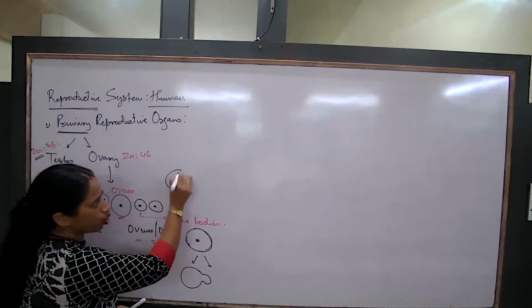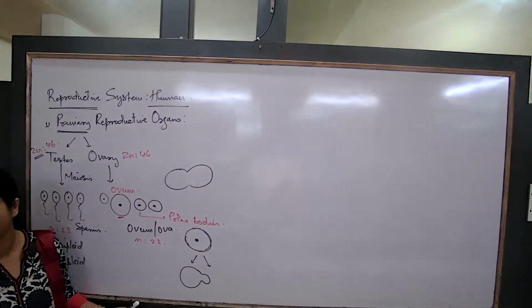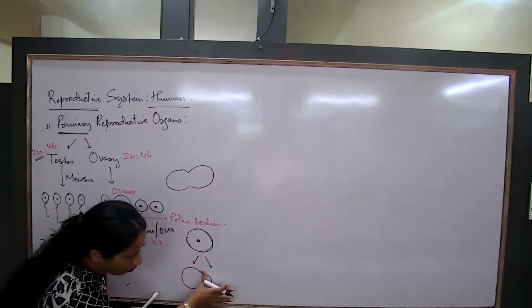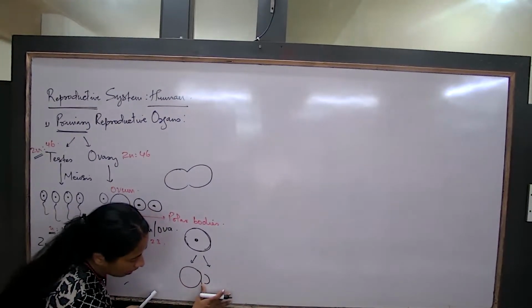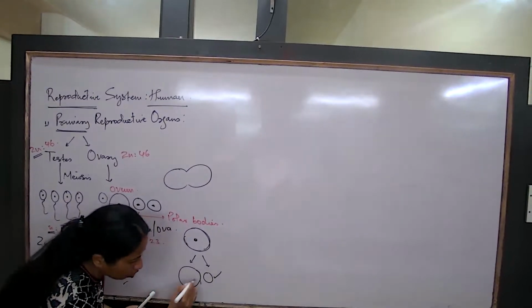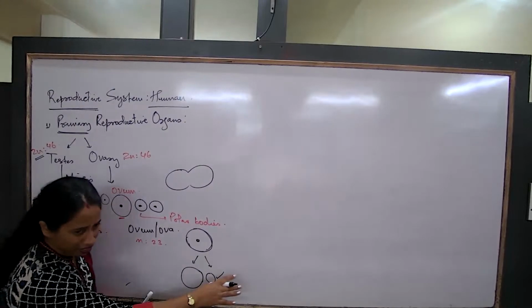Otherwise, cell division should show a division something like this. Yes or no? But ऐसा नहीं होता है whenever we are talking about this. And then now a constriction. So now what will happen? This is a bigger cell and this is a smaller cell. इसको बोलेंगे polar body and इसको बोलेंगे ovum. Understood?